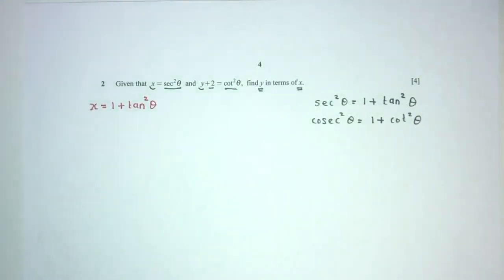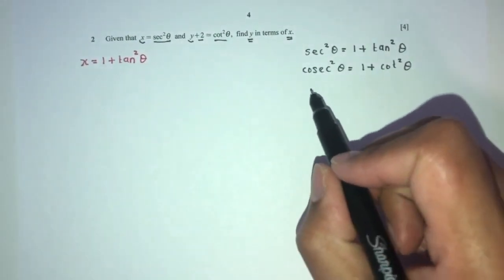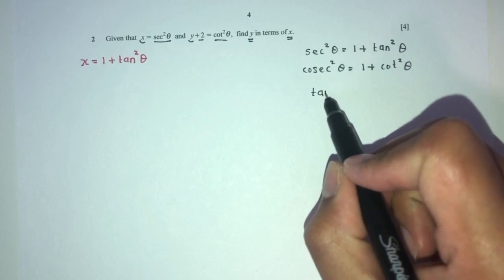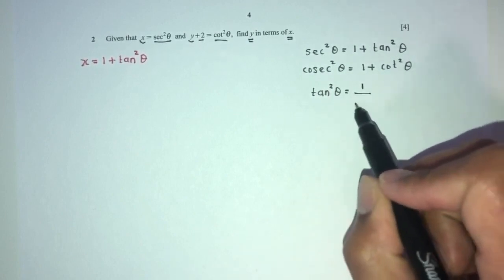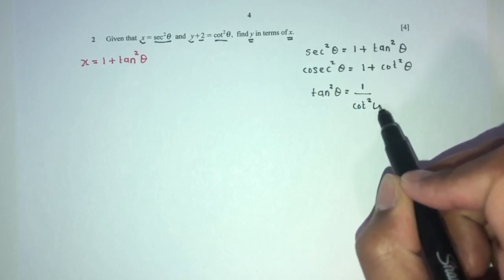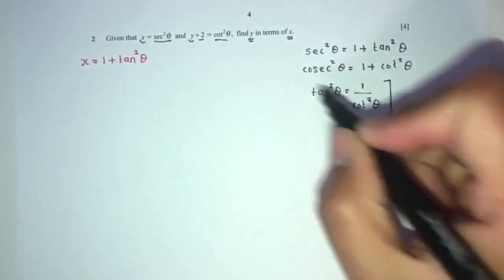Now there's a few things we must know, for example, we can know that tan square theta is actually 1 over cot square theta. So we have to know that to help us simplify these equations. So this is something we have to know.